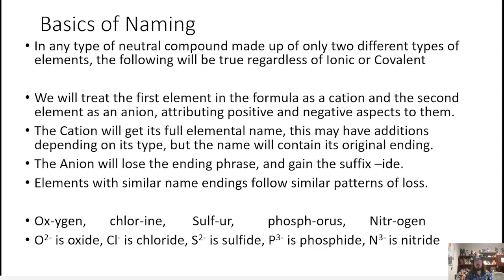Nitrogen becomes nitride. So it's a little bit different. Boron becomes boride. Carbon becomes carbide. It kind of jumps around a bit depending on what element. Selenium becomes selenide. It's just something we pick up with practice. Sulfur is always going to be sulfide, like that.